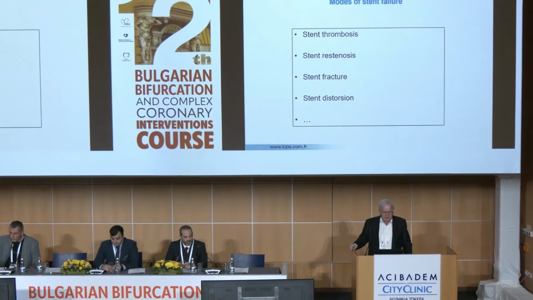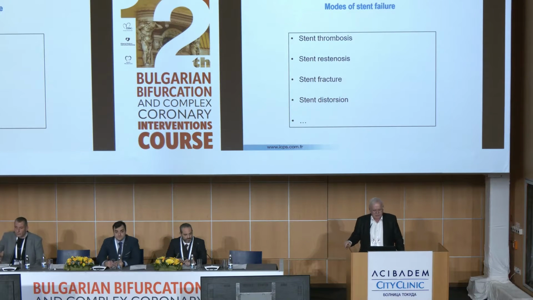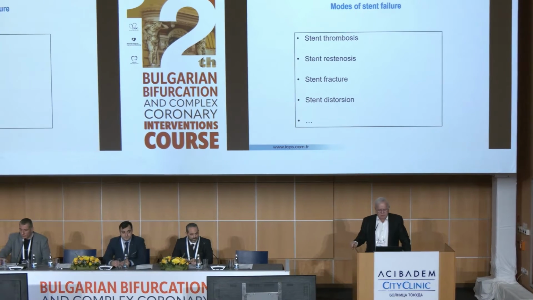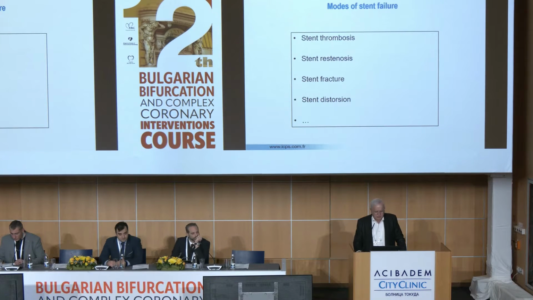The principal ones are stent thrombosis, which is probably the more actual now, stent restenosis, and maybe older stent fracture, stent distortion, which can be avoided quite easily, and multiple others like infection. It exists from a long time ago.